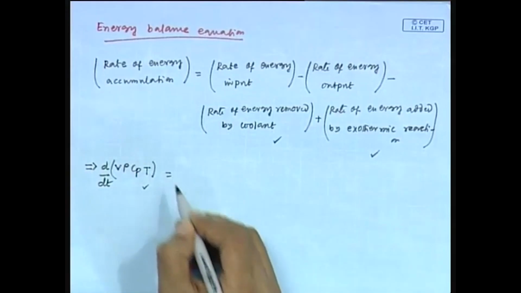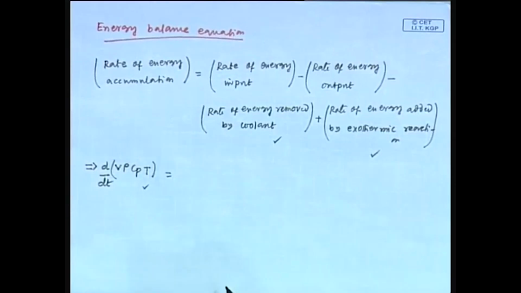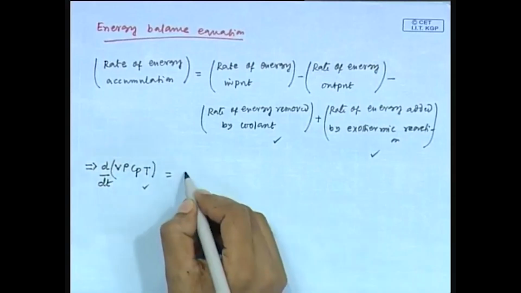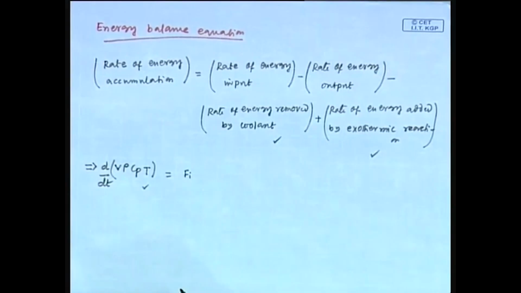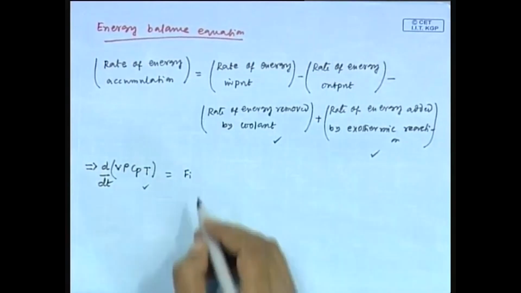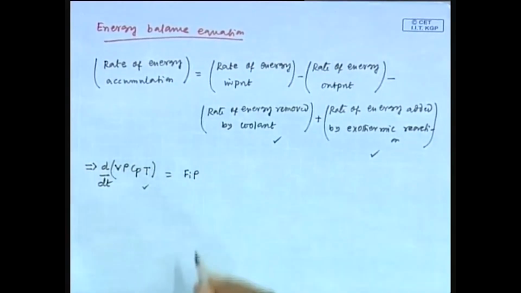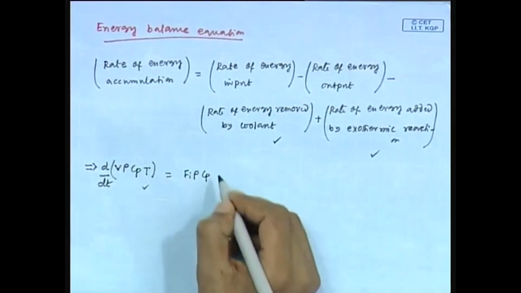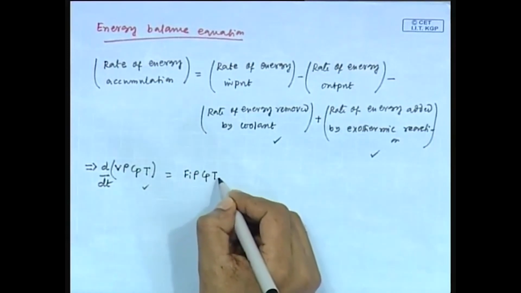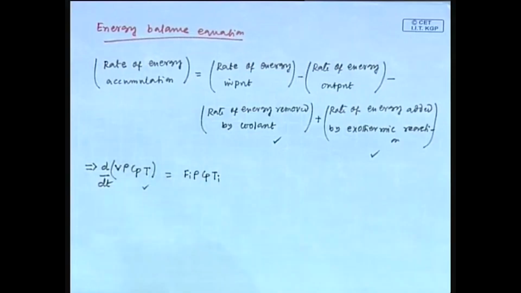Now, next we will consider the rate of energy input. Volumetric flow rate of input stream, that is Fi. If we multiply with rho, then that becomes mass flow rate. Similarly, Cp, then dT, I mean Ti minus T reference. Here reference temperature we are assuming 0.